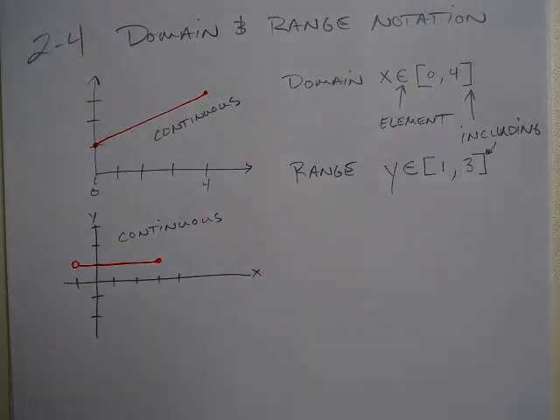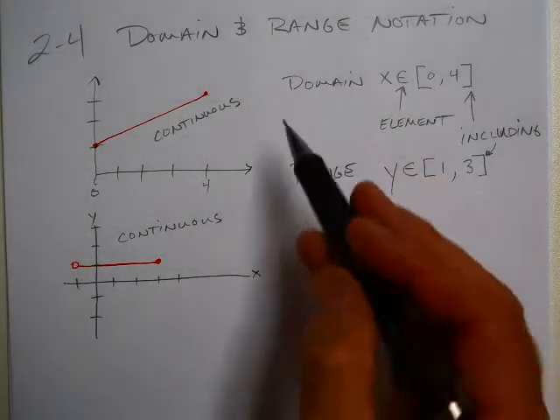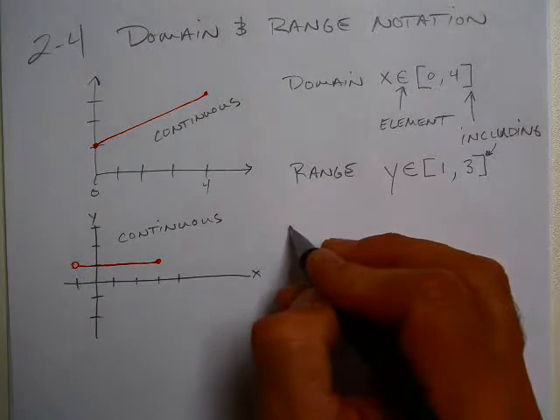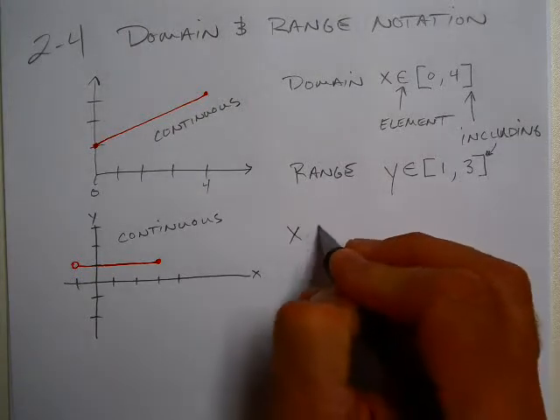Saying domain and range here is a little bit redundant because we have x and y. X is the domain, the x's are in the set, and the y's in the set are the range. So we've got some redundance here. So this one I'm not going to say the same thing. I'm just going to say x is an element.